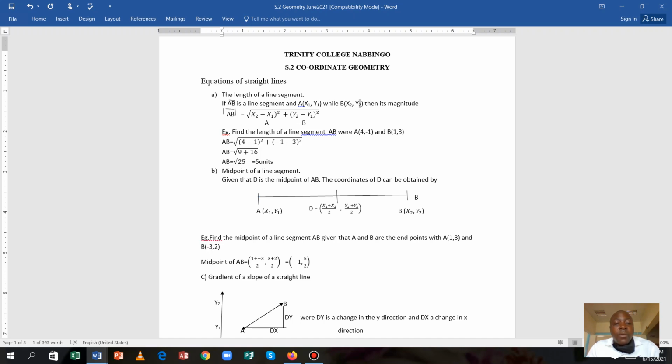So this is a warning. Wherever you are considering a negative, enclose it in a bracket before squaring. Then it will lead us to a root of 25, giving us 5 units.